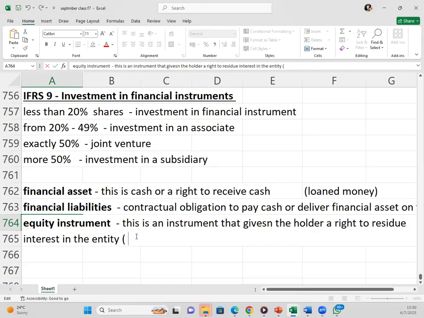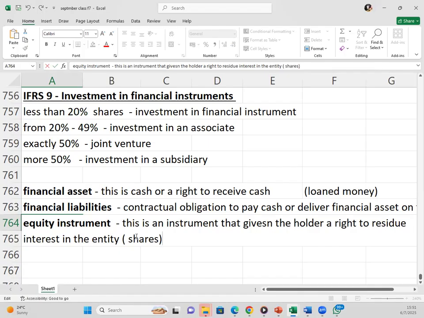Let's say, for example, we get money through shares. If we issue ordinary shares, say we sell 20% ordinary shares, we want money, we can get it from a loan, that's a financial liability, or we can issue shares. But if we issue shares, the problem is that the holder will not just give us money, but will also take part of the business.